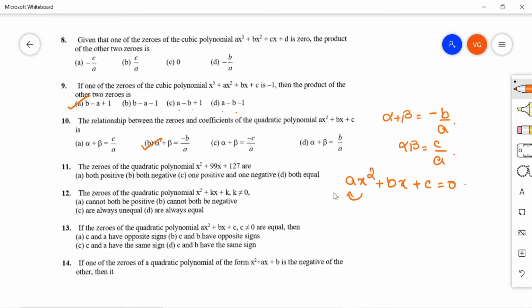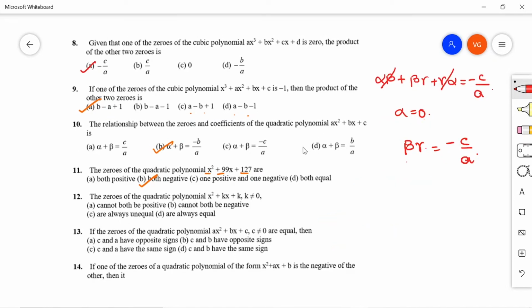If the coefficients here, that is a, b, c, all are greater than 0, then both the roots are negative. If at all these are less than 0, then we'll get positive roots. So you have here plus 99 and plus 127 plus 1. So we'll get both the roots as negative.